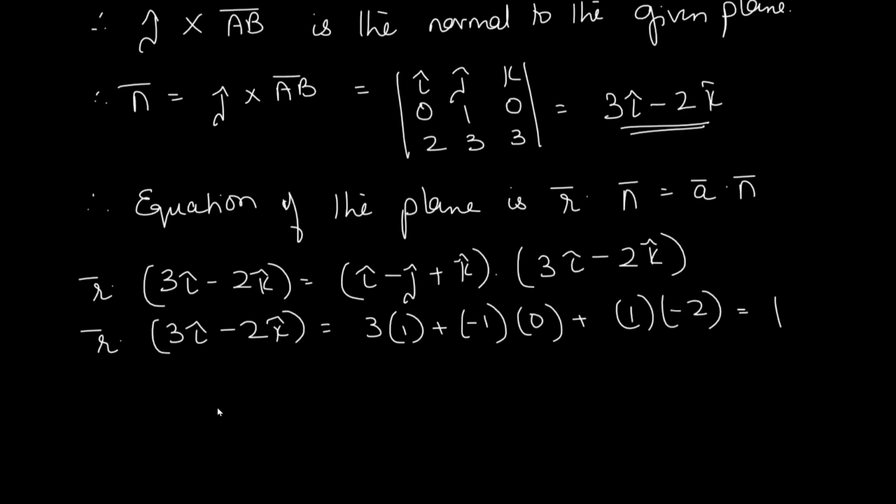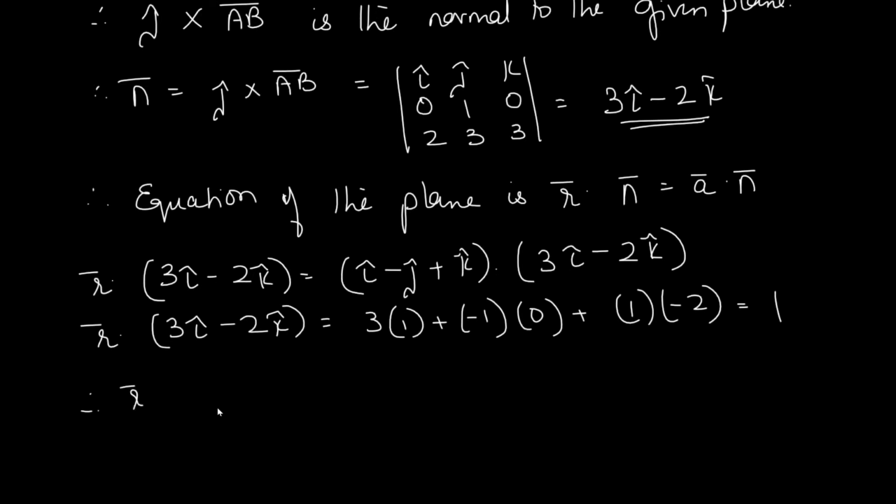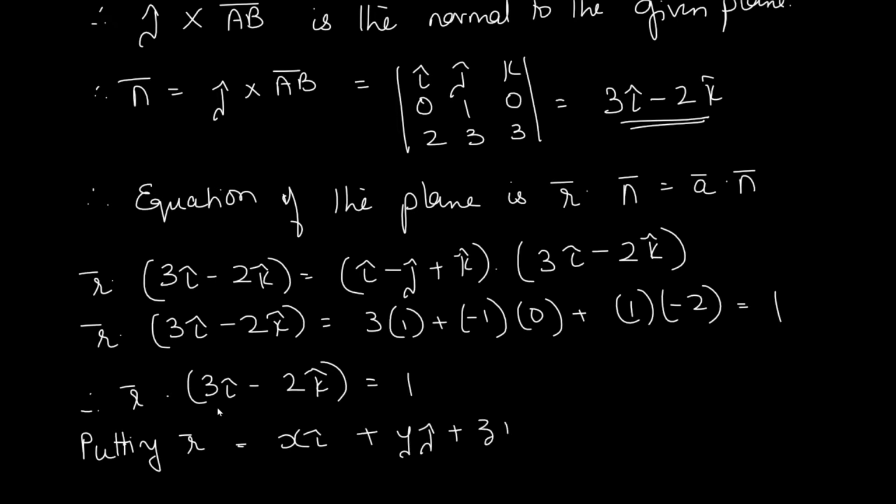So we have this equation of the plane, r dot (3i minus 2k) is equal to 1. Over here it is not equal to, it is dot. But then they have given the options in the Cartesian form and we have got the plane in the vector form. So to convert to Cartesian form, we put the position vector r equal to xi plus yj plus zk.